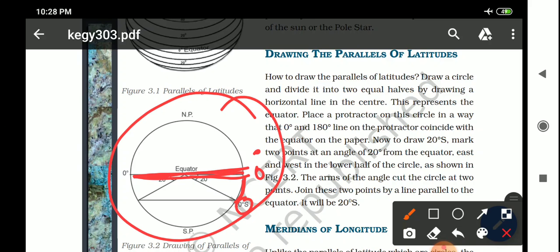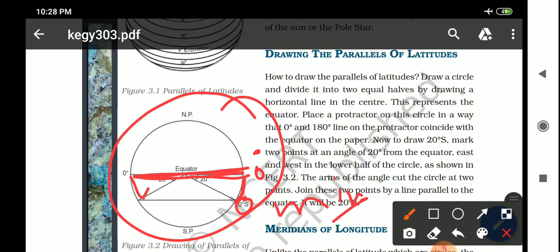I'll draw 20 degree north also. So here we are trying to understand angular distance in degrees, minutes, and seconds, north and south and equator.